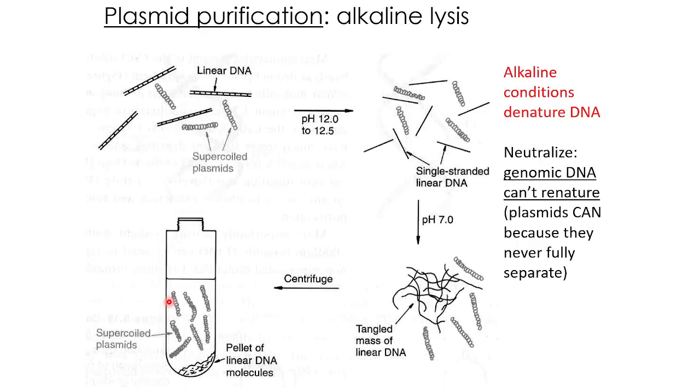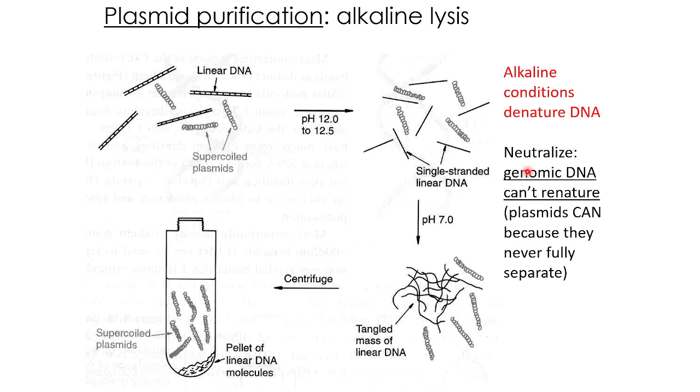Now, speaking of the plasmid purification, you have the alkaline lysis. You use a higher pH using, say, NaOH, that is the alkaline conditions, and you denature the DNA. So, how do you neutralize it now? Firstly you have denatured the DNA, so a harsh condition is used to denature both the genomic and the plasmid DNA. Now you have to neutralize or renature it. Renaturation of the genomic DNA cannot occur easily because they are large molecules and it takes a long time for them to renature.